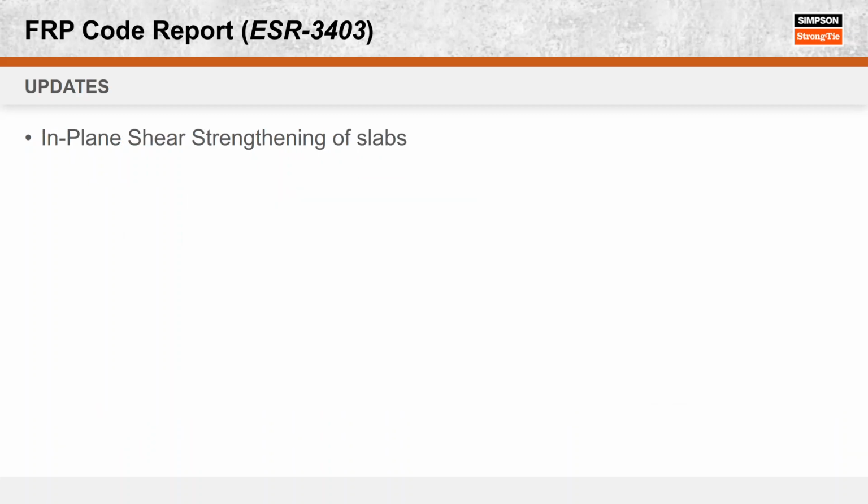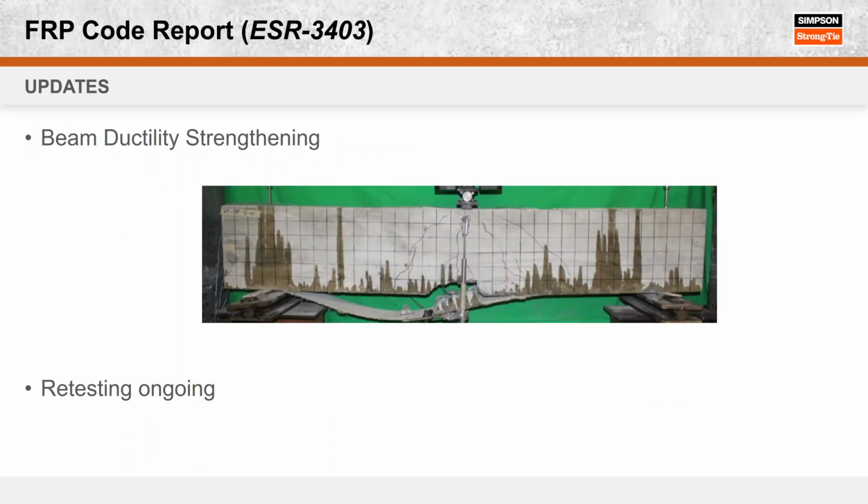So for the beam ductility strengthening, is it just in one direction? Yes, but they do like increasing displacement. I believe so, yes. What's the difference between this and fatigue? Ah, right, it's fatigue loading. That's the intent, to act like a moment frame beam.